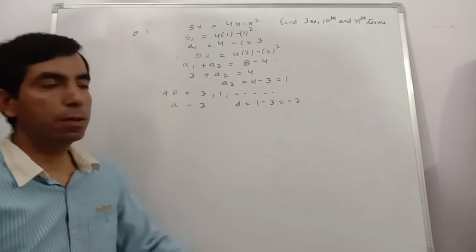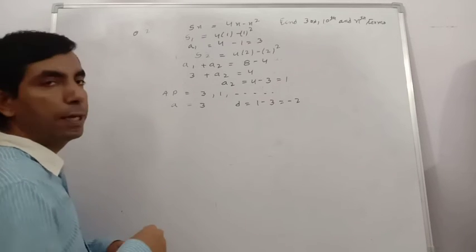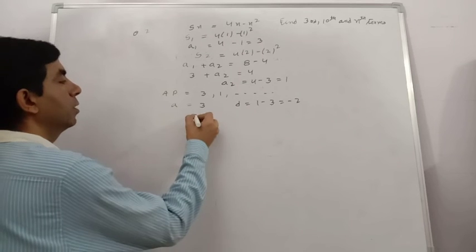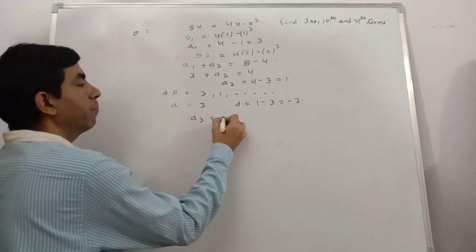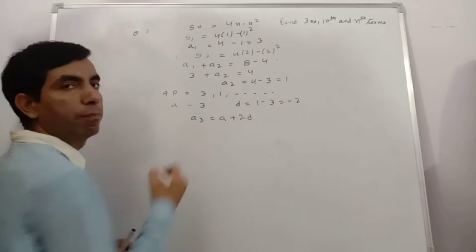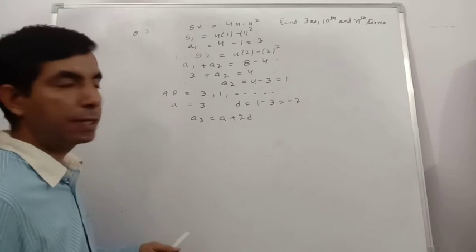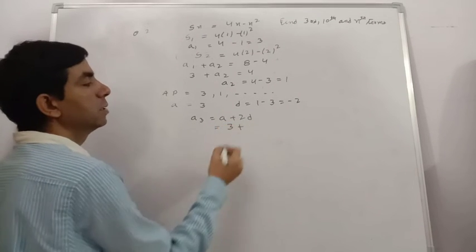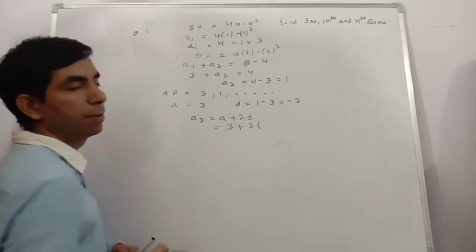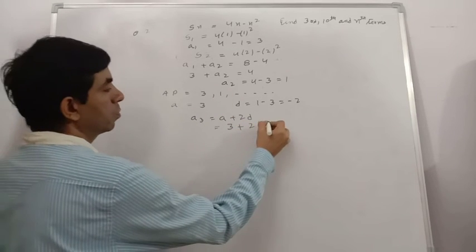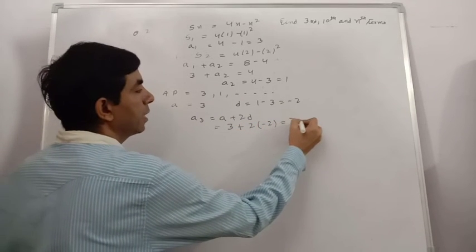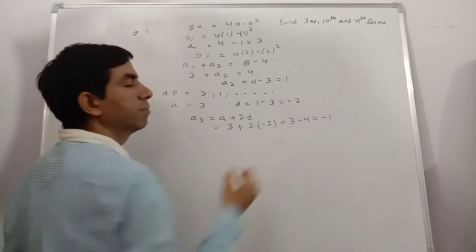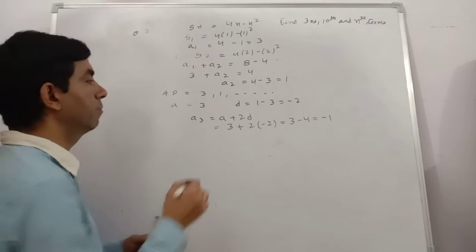For finding the third term, we know that A3 equals A plus 2D. Put the values which are given in our question. A is 3 plus 2 times minus 2. Then we get 3 minus 4 equals minus 1. Then the third term is minus 1.